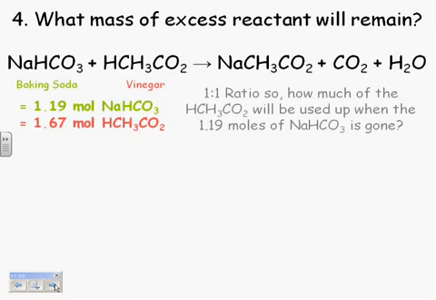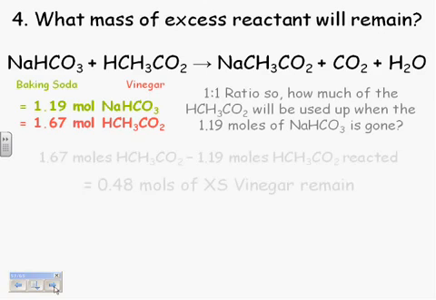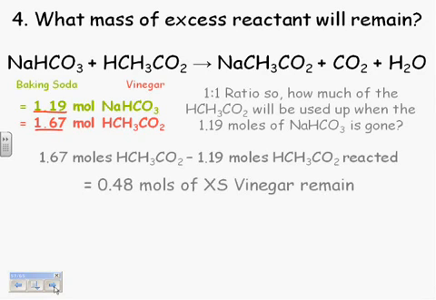Since it's a 1-to-1 ratio, if I use up all of my 1.19 moles of baking soda, that means I'm going to use up 1.19 moles of the vinegar as well. And if I started with 1.67, it does not take a mathematical genius to subtract the 1.19 moles that were used up from the 1.67 moles I started with and end up with 0.48 moles of excess vinegar left over.